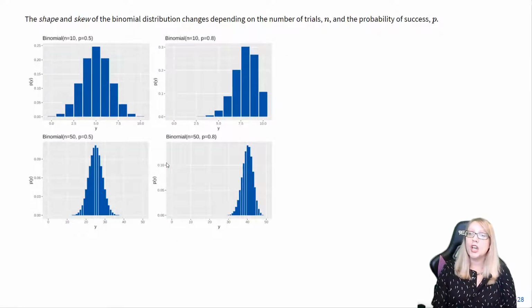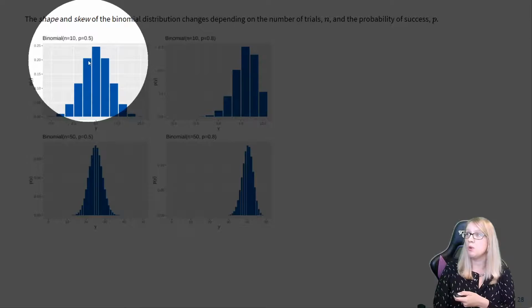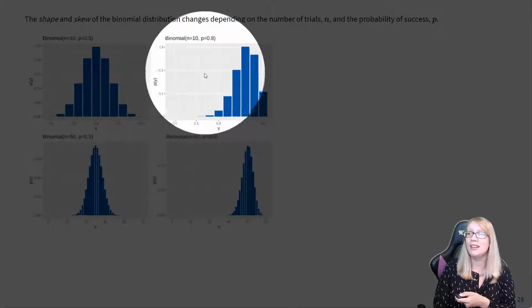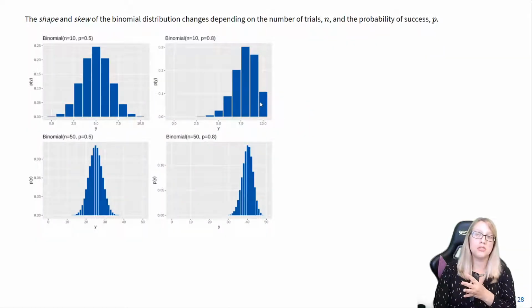Now, as we change the probability of success p, and as we change the number of trials, the distribution moves around a little bit. So for example, going from p of 0.5 to p equal 0.8 shifts the distribution to the right. We start assigning more probability to higher values, less probability to lower values of y.